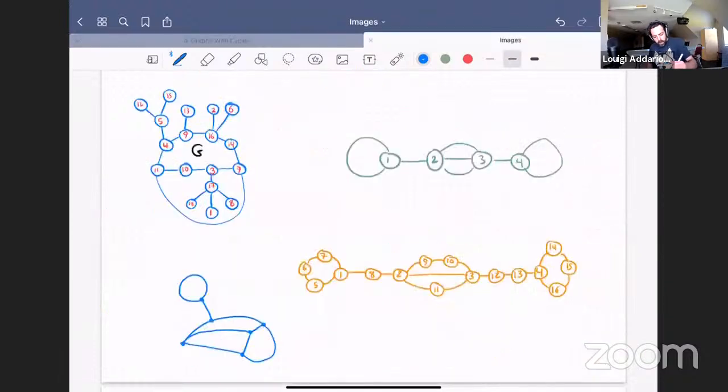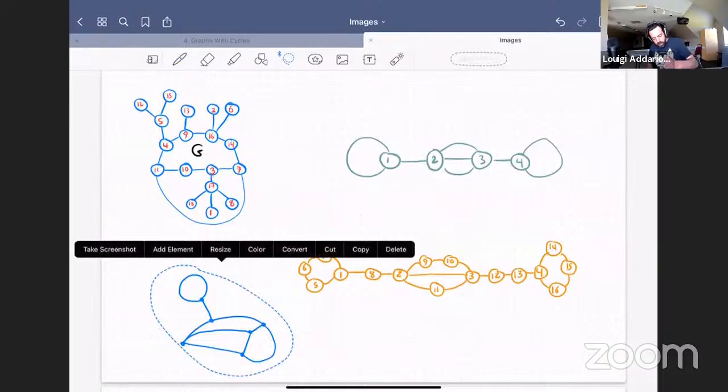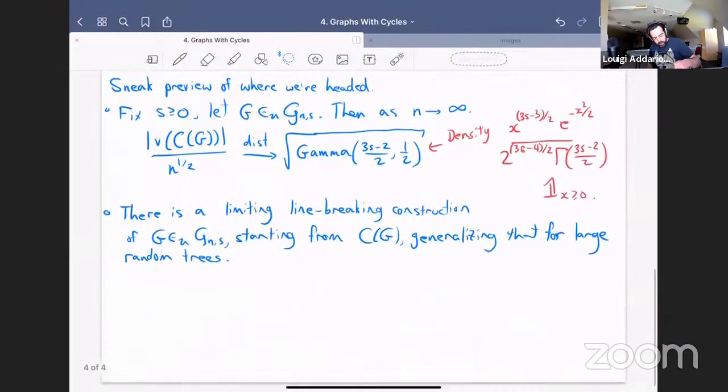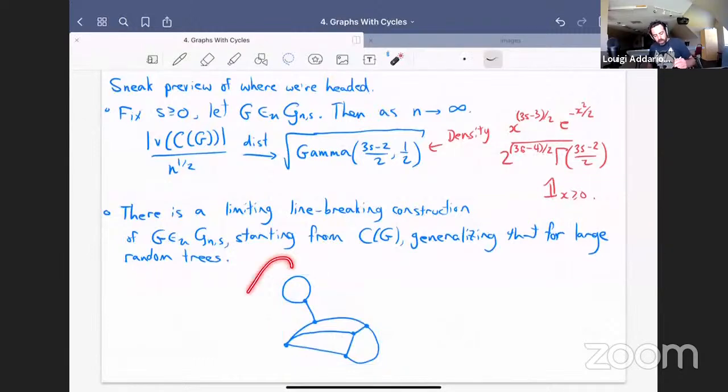Okay, so continuing with the sneak preview, in the limit, what you're going to see is the core is going to converge to some random shape, which is like a graph with minimum degree 2 and with edge lengths.